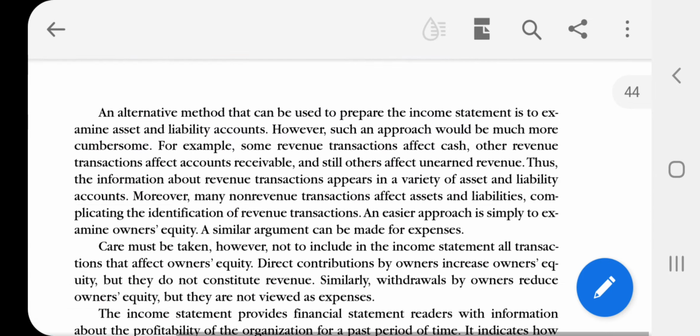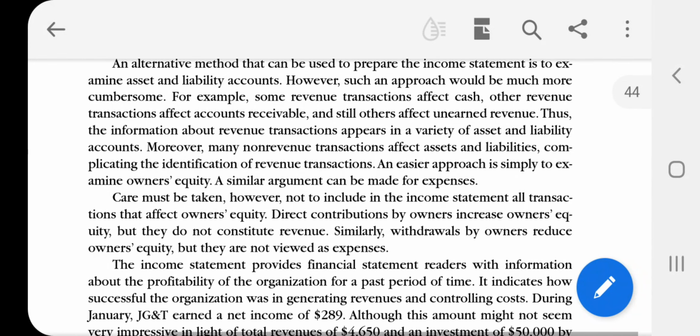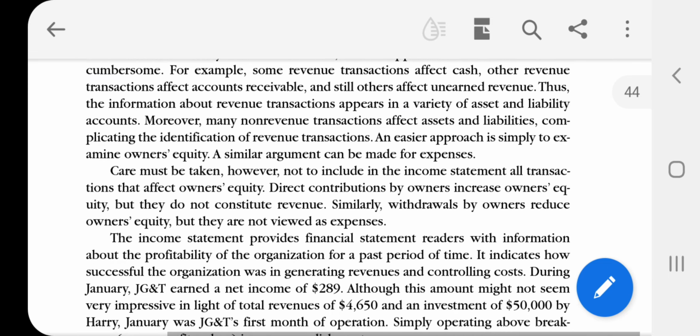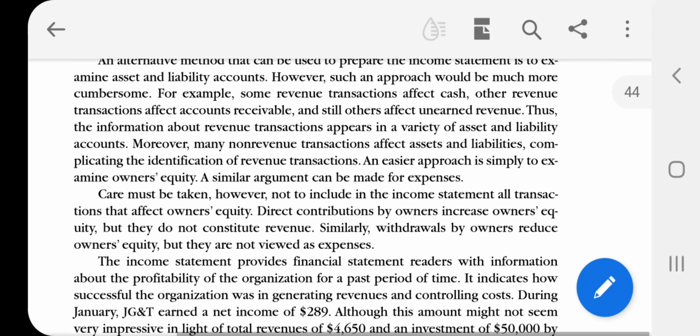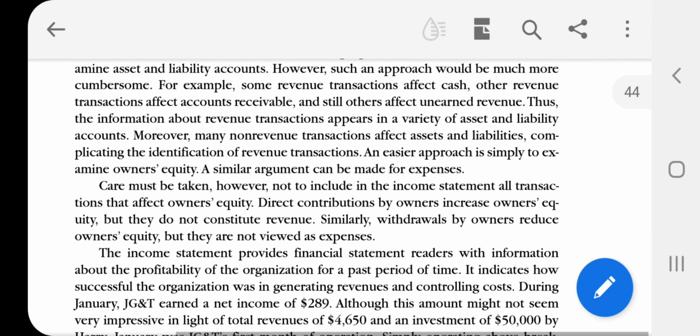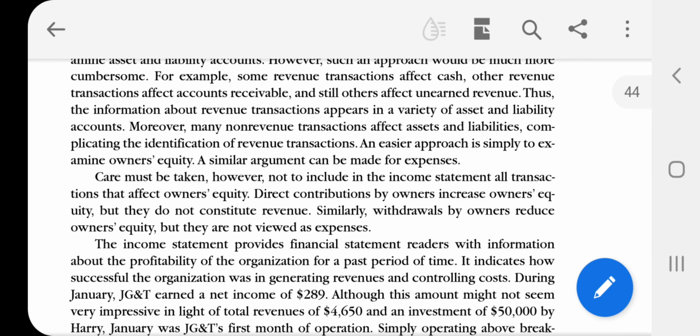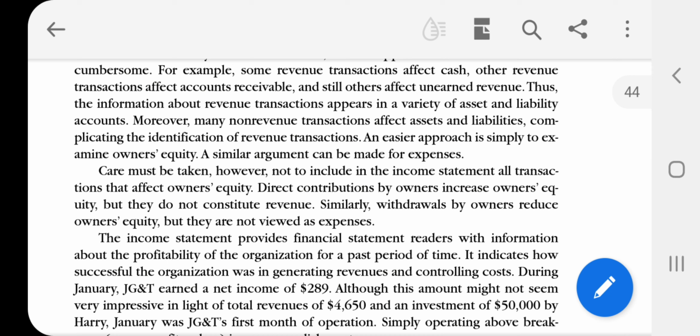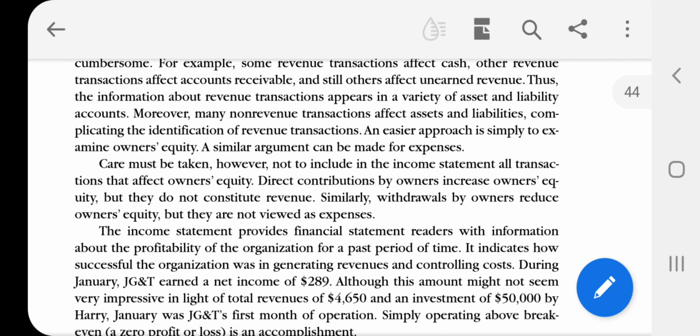In contrast, with the alternative method, some revenue transactions affect cash, other revenue transactions affect accounts receivable, and still others affect unearned revenue. The information about revenue transactions appears in a variety of asset and liability accounts.